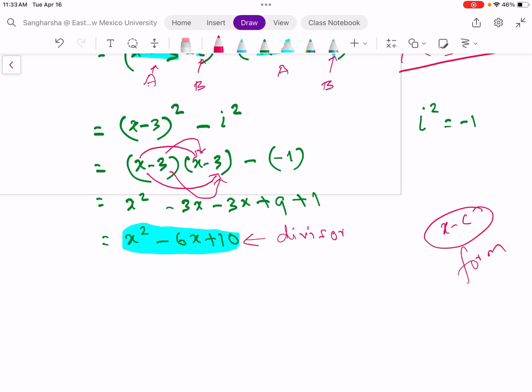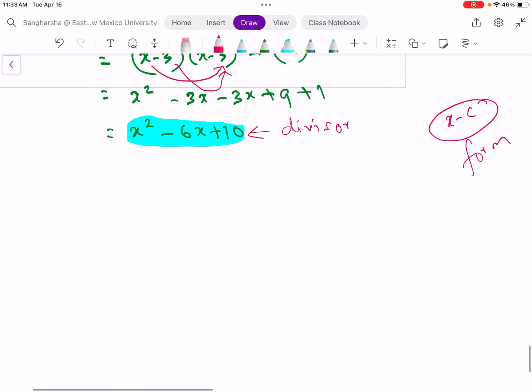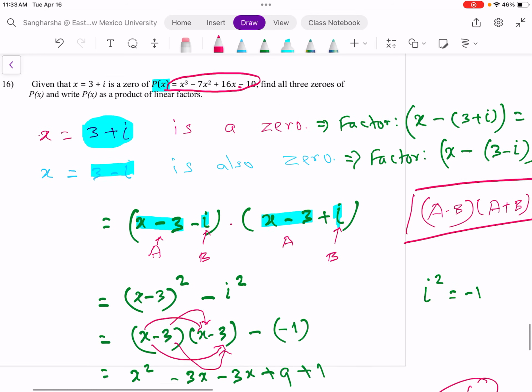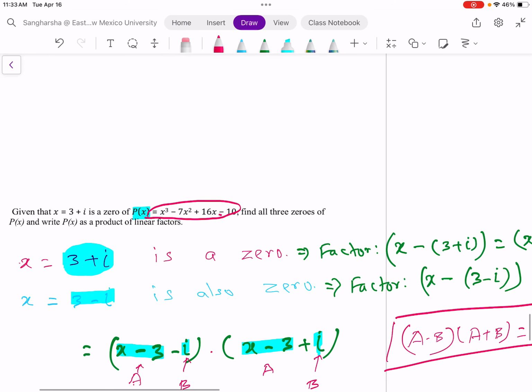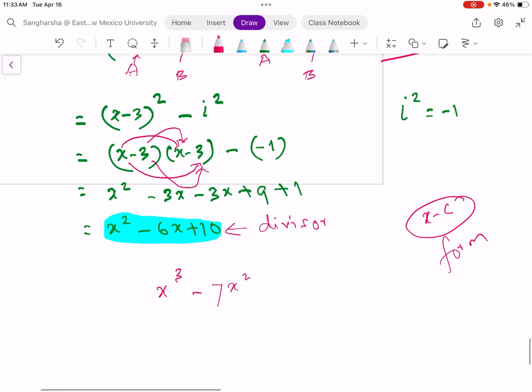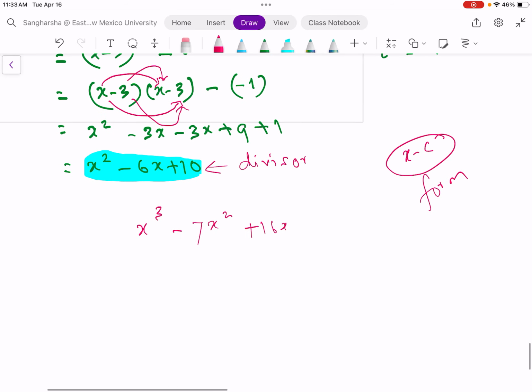So we are dividing our polynomial by this divisor. Let me write our polynomial: x cubed minus 7x squared plus 16x minus 10.